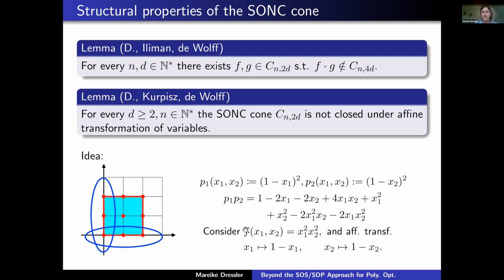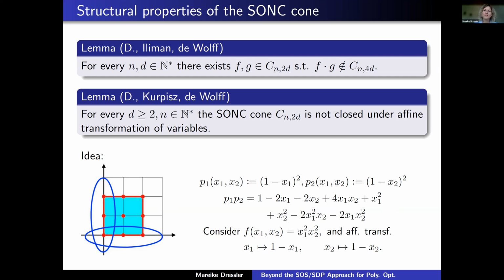Namely, if you think about this polynomial x1 squared, x2 squared, which is again clearly SONC because it's just a monomial square, and then you apply the affine transformation given here to this polynomial, then you end up with this polynomial, which was shown to be not a SONC polynomial.